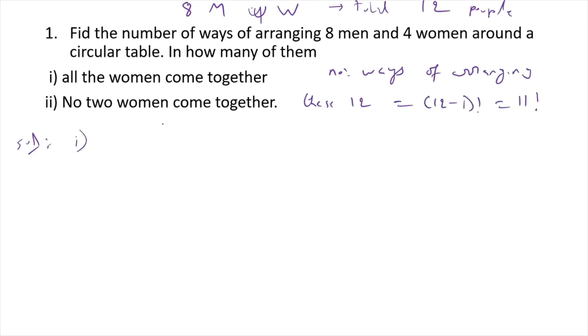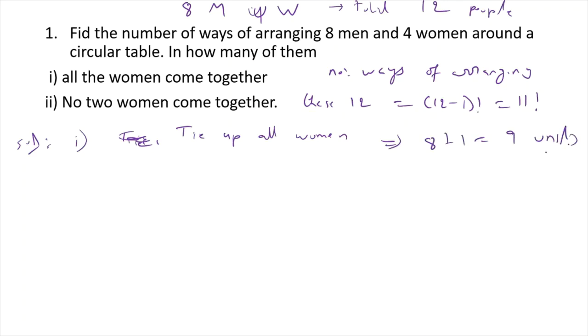All women come together. All women come together means if you tie up all women, we have 8 plus 1, which is equal to 9 units.